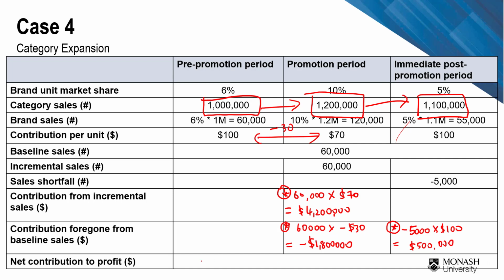The net contribution to profit, the same thing as before, 4.2 million minus 1.8 million minus 500,000. So this will give me 1.9 million. Okay, so I hope that makes sense.